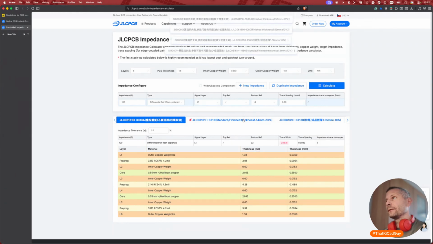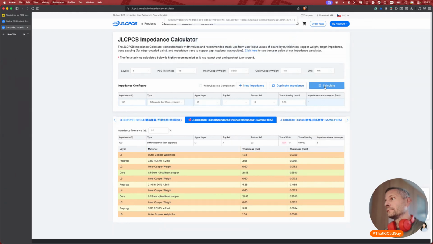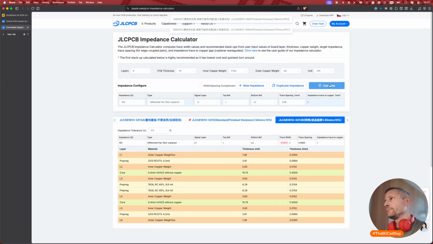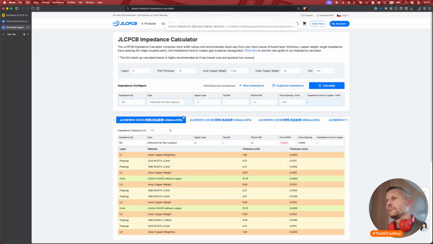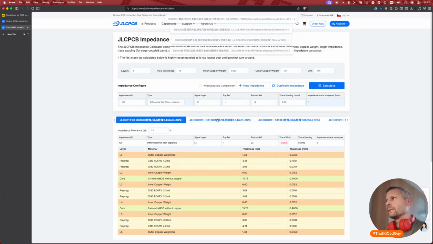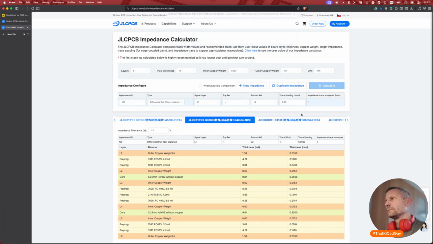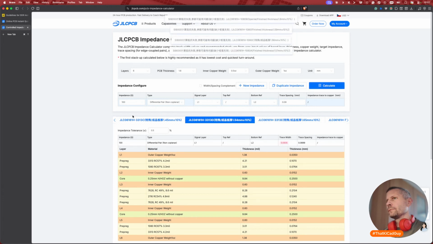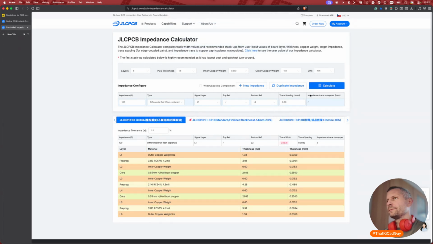Yeah, too narrow. Too narrow, it's the same. Too narrow. But yeah, still it's too narrow here.